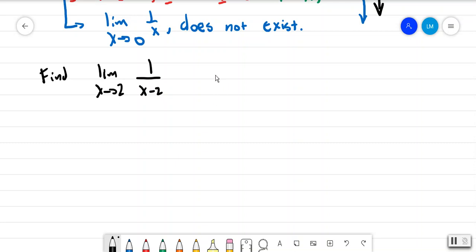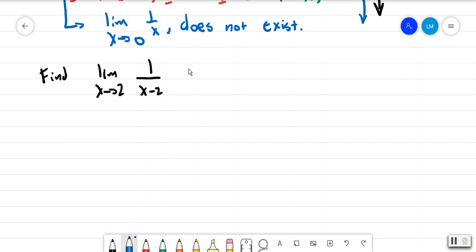We can do this the exact same way, where we look at the graph, or we can plug it in, or we can look at the left and the right.